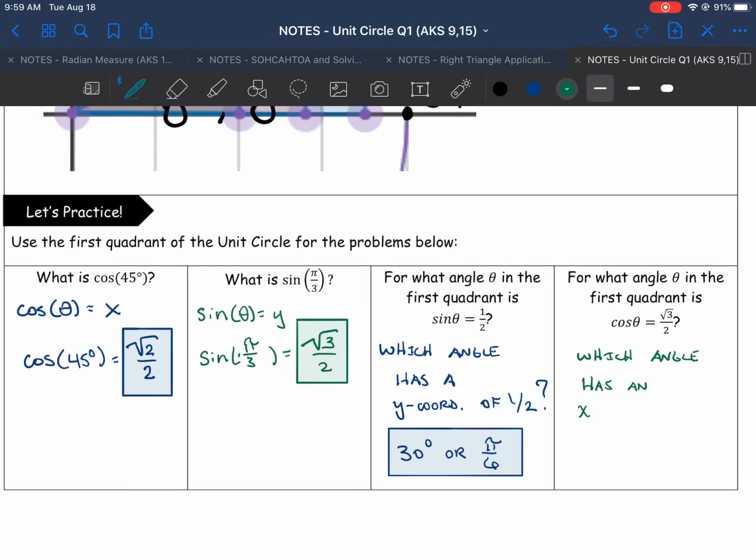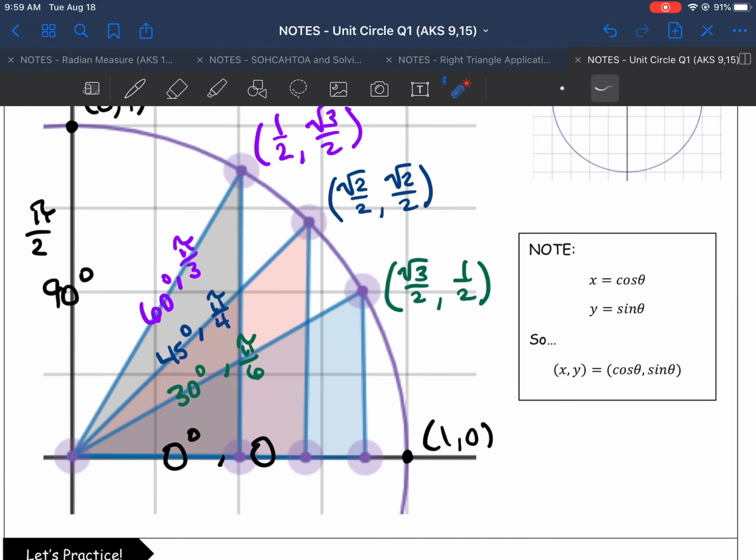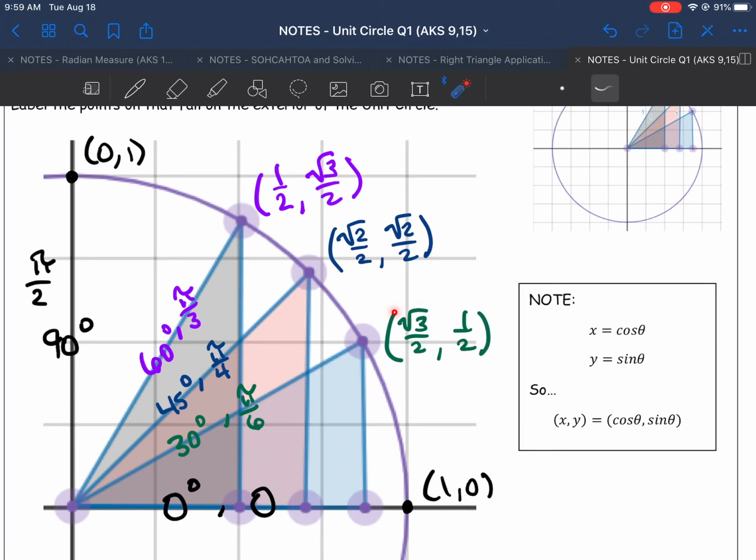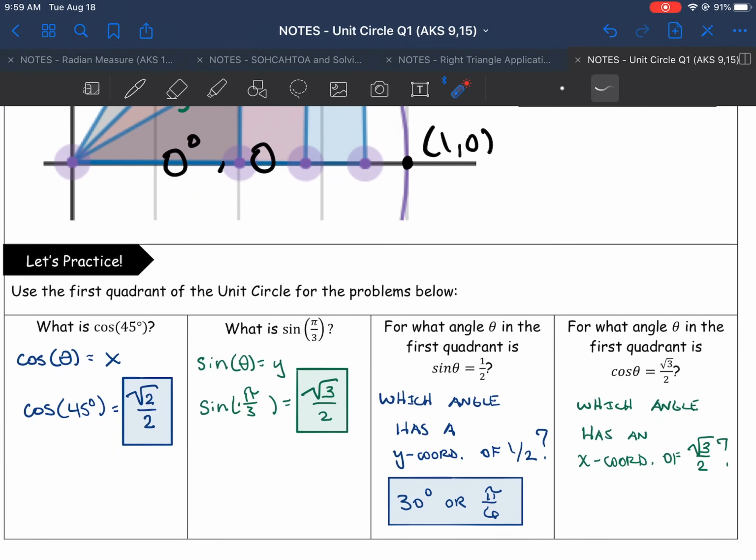Well, if we look up at our unit circle, let's look at our x coordinates. Square root of 3 over 2 is right here for an x coordinate. And once again, that corresponds to a 30-degree angle or an angle with pi over 6 radians. Okay, so again, 30 degrees or pi over 6 radians.